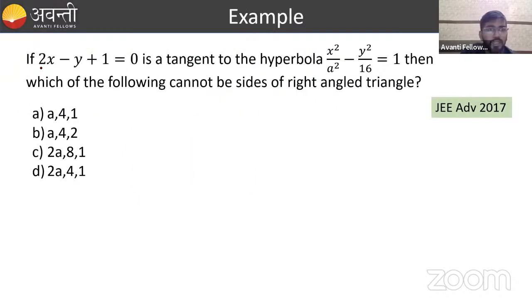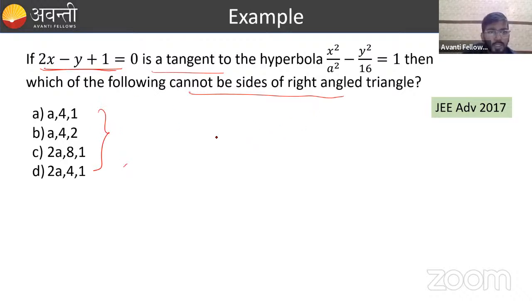Now let's solve an example. If 2x minus y plus 1 is a tangent to the hyperbola, then which of the following cannot be the sides of the right angle triangle? So let's try to solve this question.